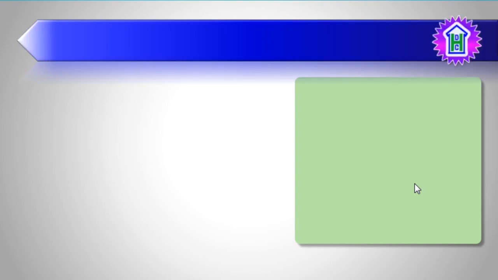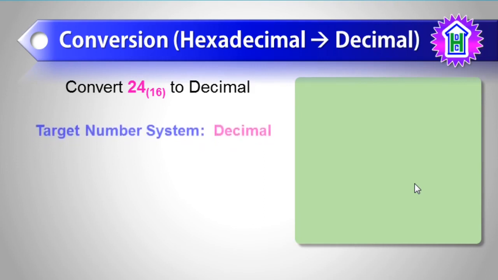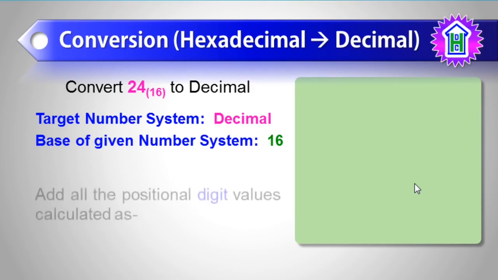Now let us again convert a hexadecimal number to a decimal number. So we'll convert hexadecimal 24 to decimal. Target number system is decimal. Base of the given number system is 16.